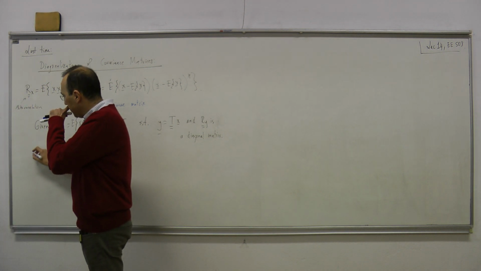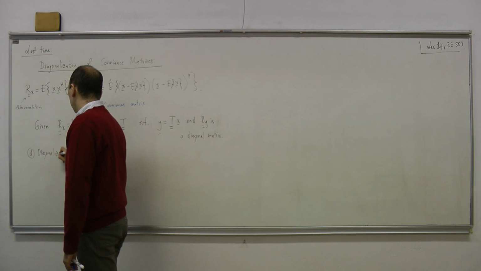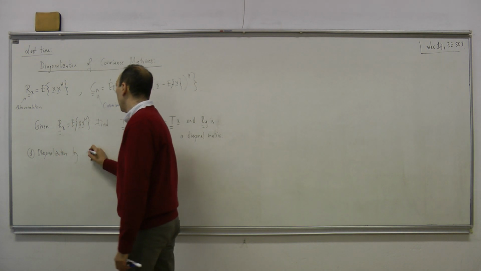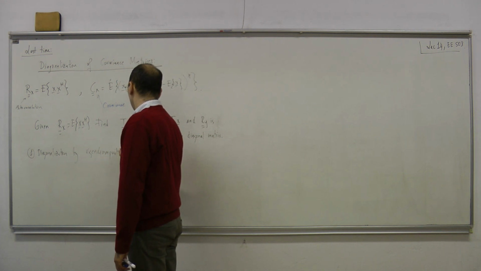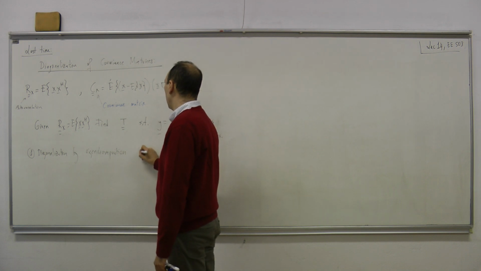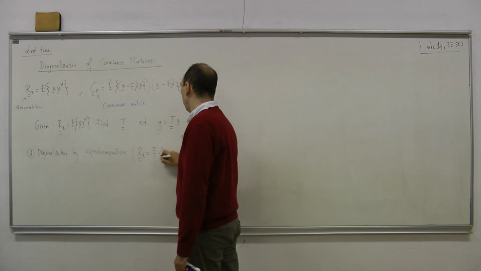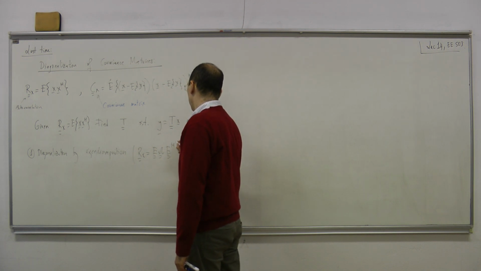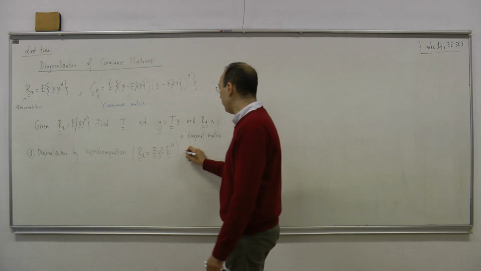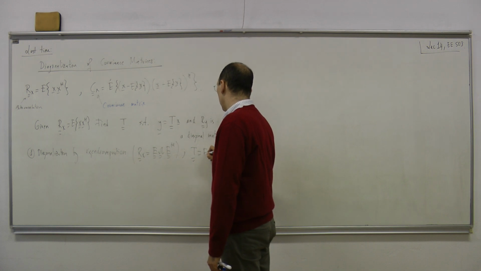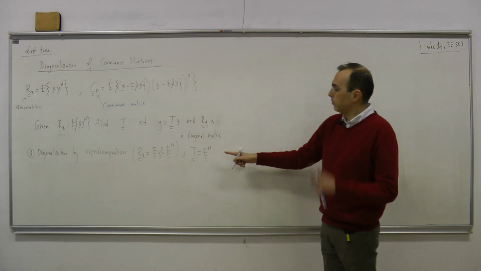So last time we have seen the following: diagonalization by eigendecomposition. This is if Rx has eigenvectors listed in the E matrix. I'm not giving further details. Then what we have seen is T is equal to E Hermitian. So this is the transformation.